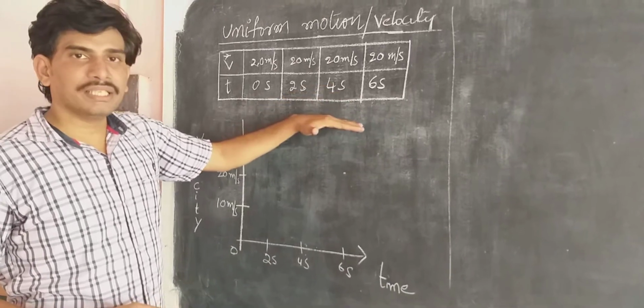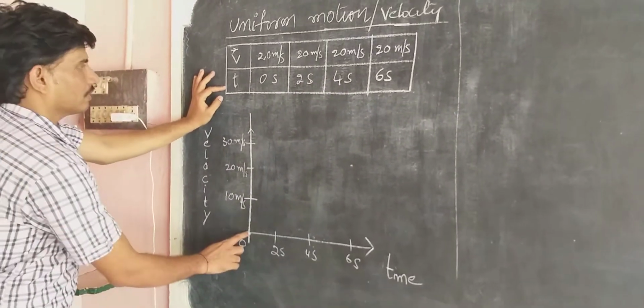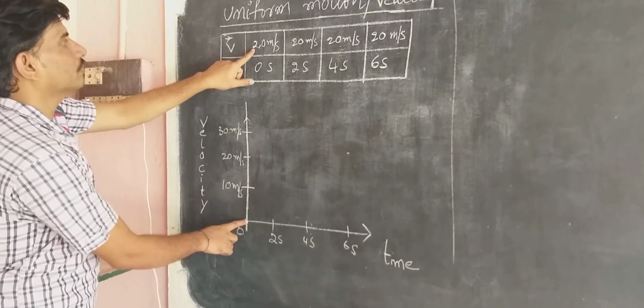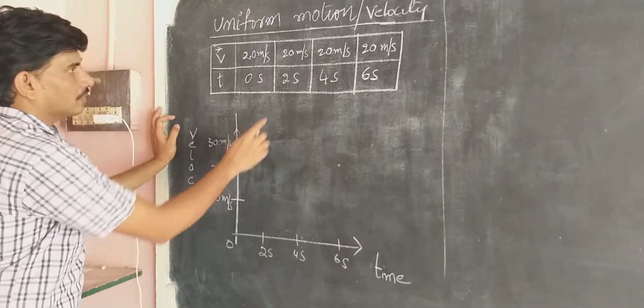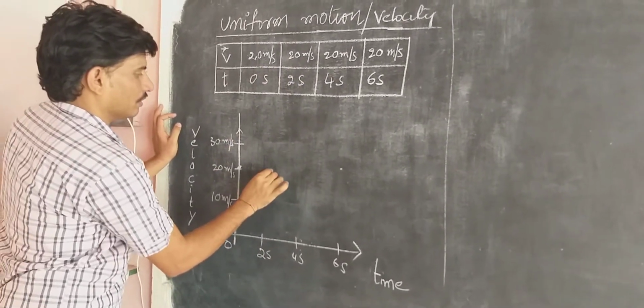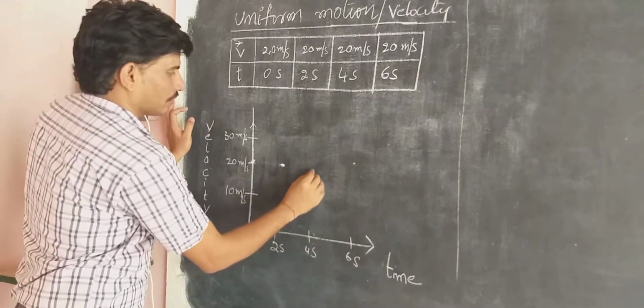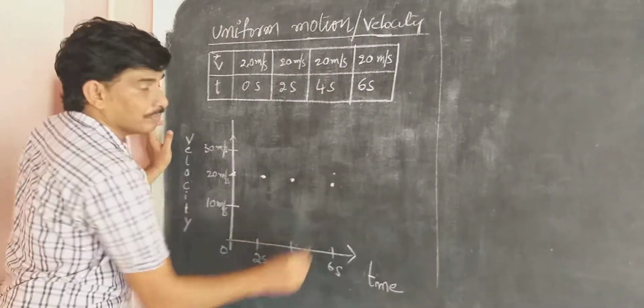So if you are representing this, then what shape you will get? Initially the speed or the velocity of the object is 20 meter per second. At 2 seconds also it has the same velocity, and at 4 seconds also the same velocity. At 6 seconds also there is 20 meter per second.